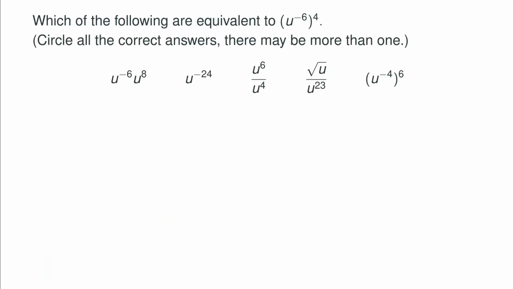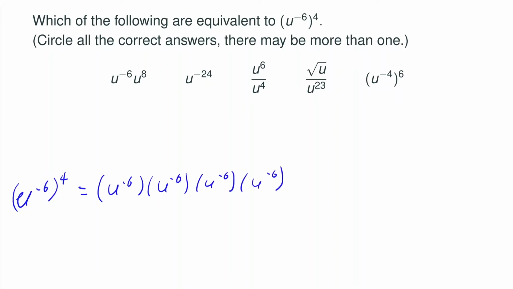Which of the following are equivalent to u to the negative 6 power, raised to the 4th power? Let me write it here. u to the negative 6, to the 4th power, is the same thing as u to the negative 6 power four times, which means we have u to the negative 24 power.